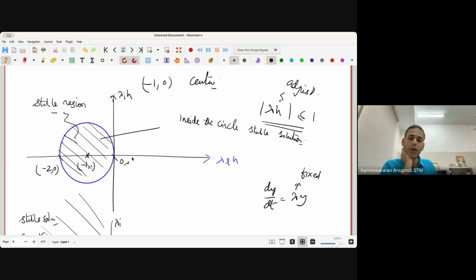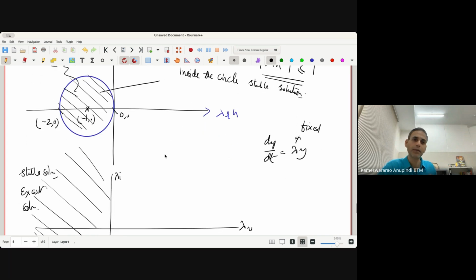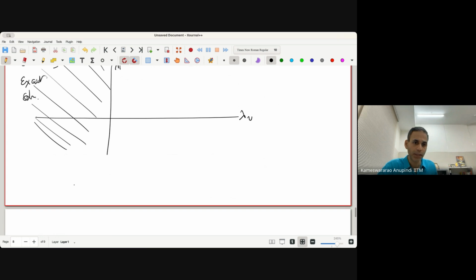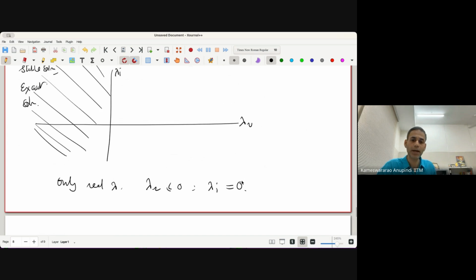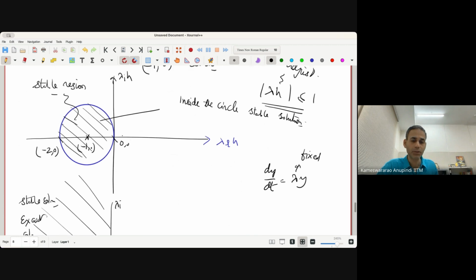Now, of course, we can analyze a few more cases. So the cases are, let us say I have only real lambda, that means lambda r is less than or equal to 0, and lambda I is equal to 0. Okay, so that is what I have. If lambda I is equal to 0, what will happen?